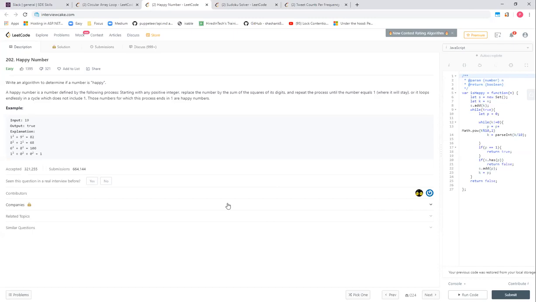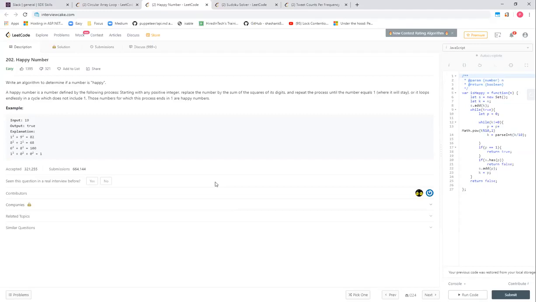What I did is basically started a loop until I reached 1, starting with the number which is given. I squared the digits, and whatever number I get, I put in a set if that number is not seen before. So if 82 occurs before also, then it means that we have a cycle and we never reach 1.